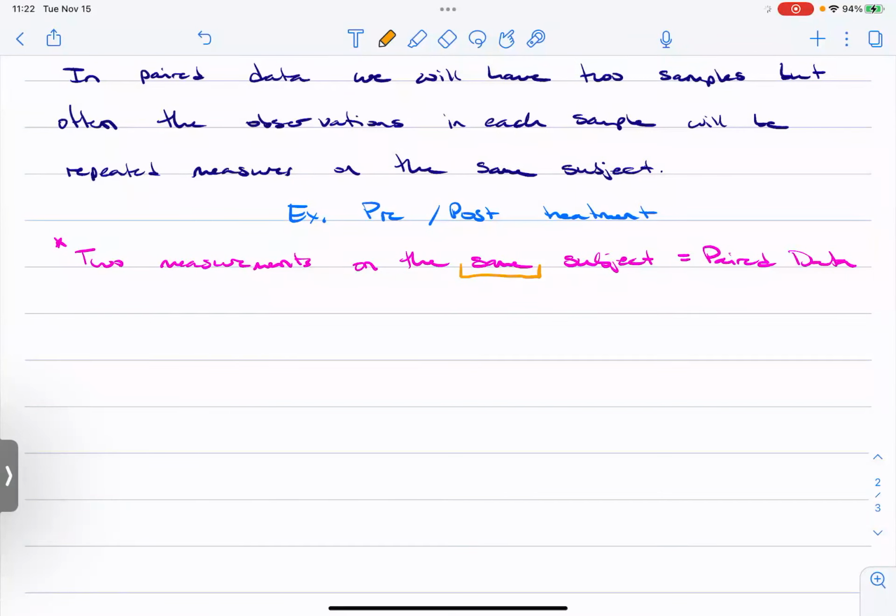I just realized that's not true. It is the same subject, and usually it is going to be the same subject, but there is some flexibility. So here, I'll say same or very similar, and it depends on what you're measuring too. For example, siblings or spouses.